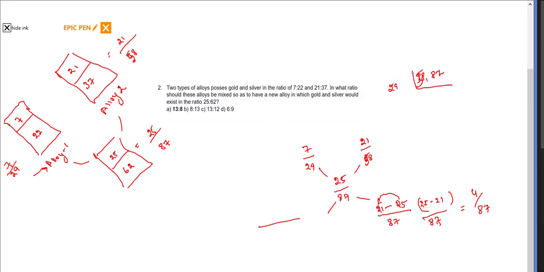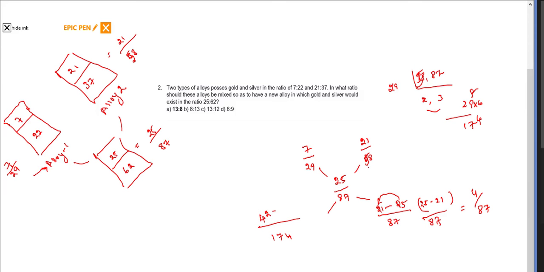We have 29 in common, which is 2, 3, right? So the LCM would be 6 into 29. What is that? 29 into 6. 174 is our LCM. Okay, this is 29 into 6 7s of 42.